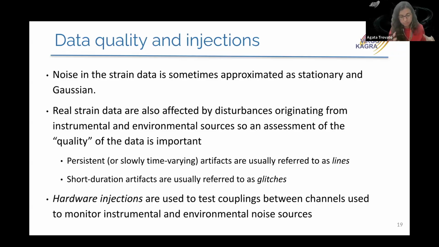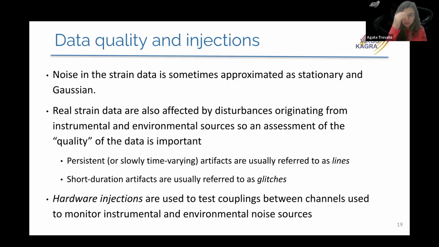We can roughly say that there are two categories of disturbances. The first are called lines: persistent artifacts that are usually always there, or at least slowly time varying, at specific frequencies. You saw lines already in the plot that Elena showed a couple of slides ago, where she showed the sensitivity. There were vertical lines, and these are the lines I'm talking about.